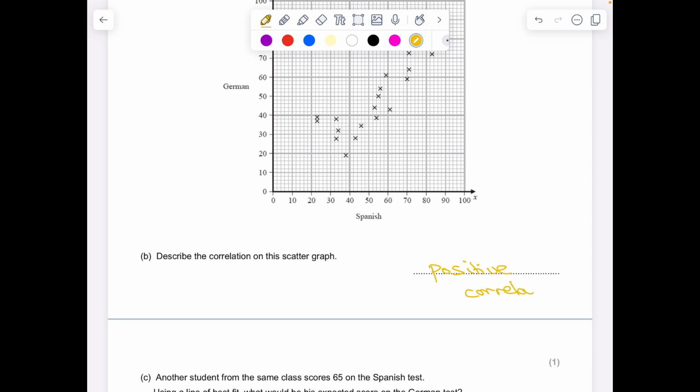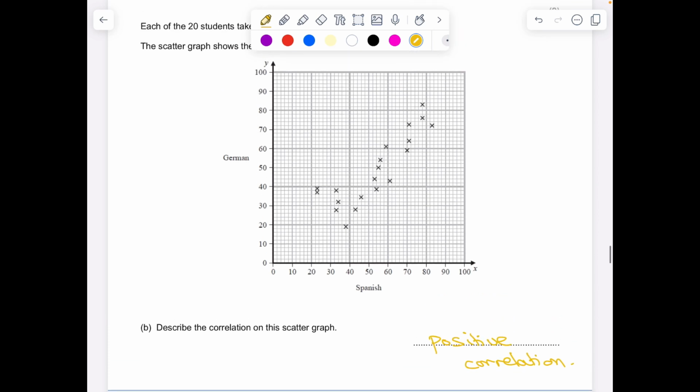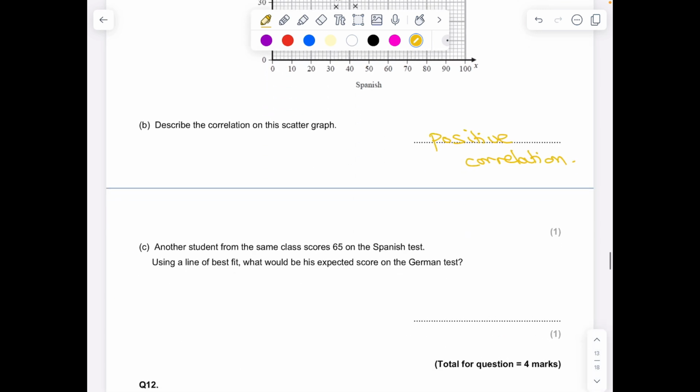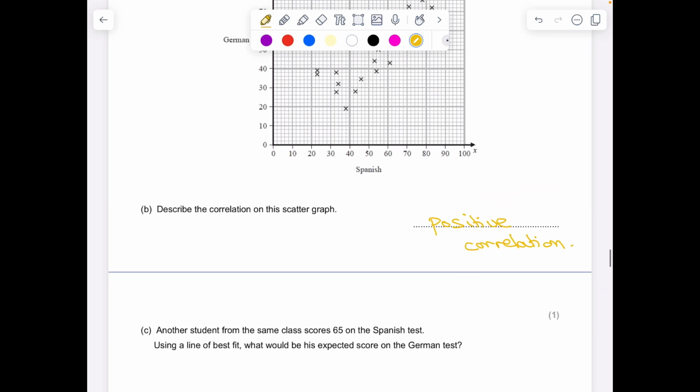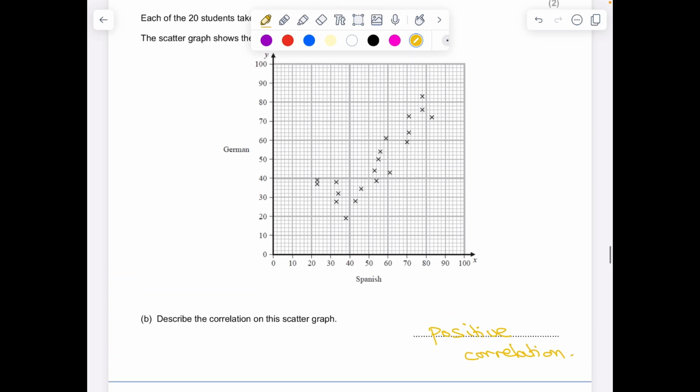We don't need to put any more information than that because it doesn't say describe the relationship. Then it asks us to do an estimate. In order for that to happen, we need to draw a line of best fit, and it even tells you, says using a line of best fit. So let's draw that in.